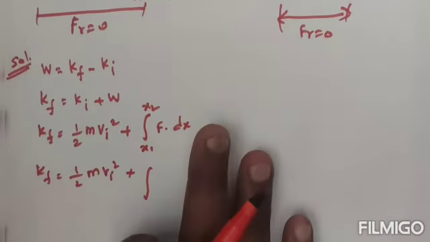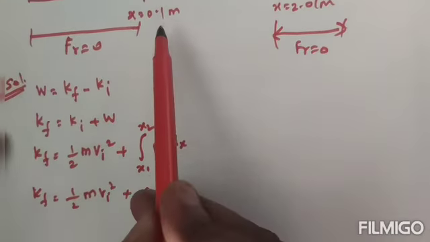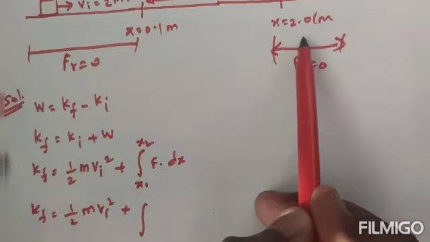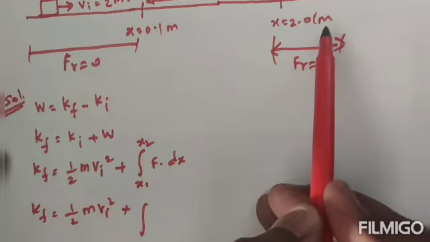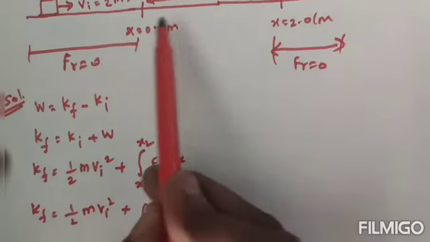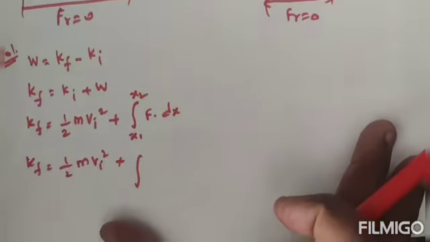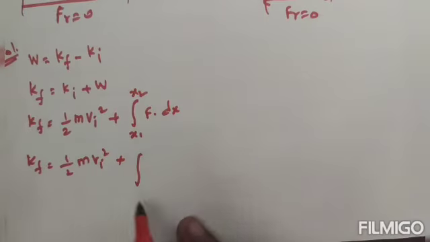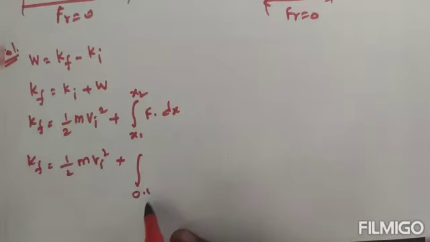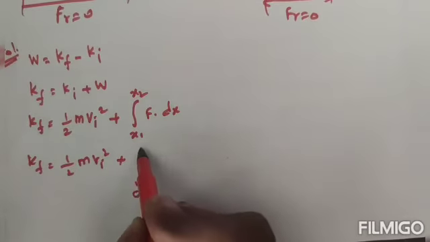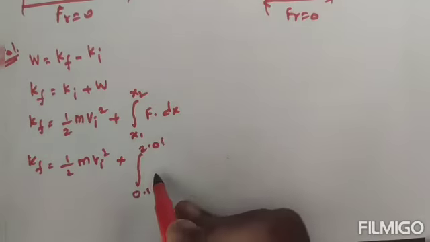So in this question the initial position is 0.1 and the final position is 2.01. Actually this is x1, this is x2, that is the limit. So now I can write 0.1 instead of x1, and 2.01 instead of x2.